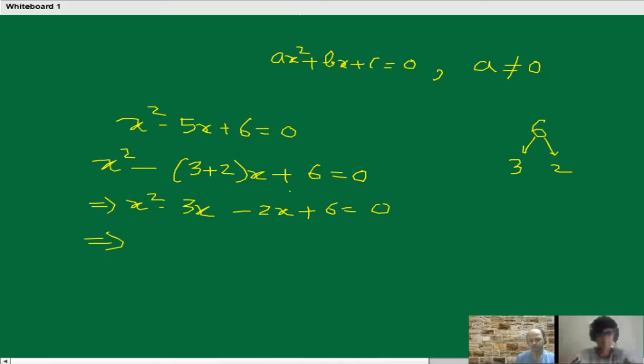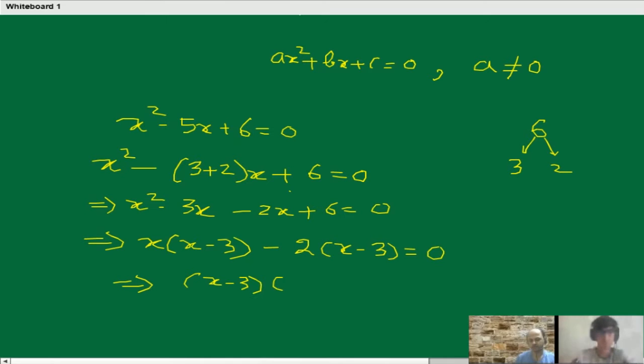From the first two terms, we can factor out x, and from the last two, we can also factor out. So this would be x minus 3 times x minus 2. So what are the values of x? The values of x can be 3 or 2.